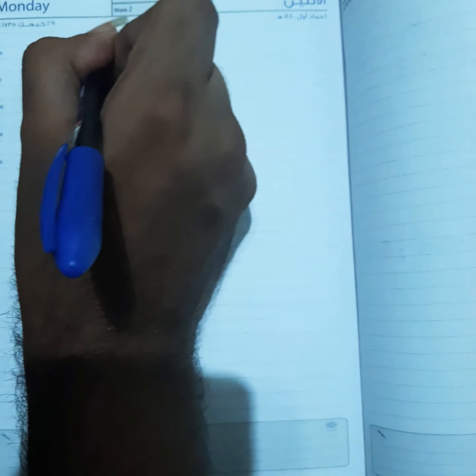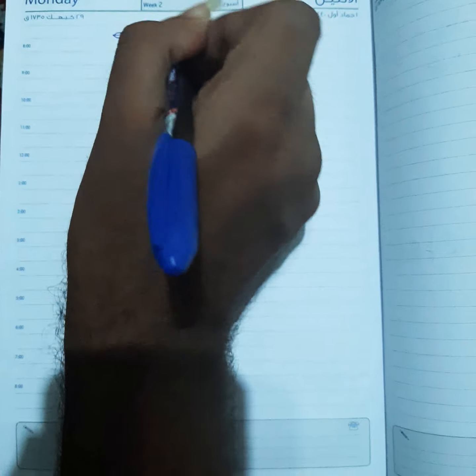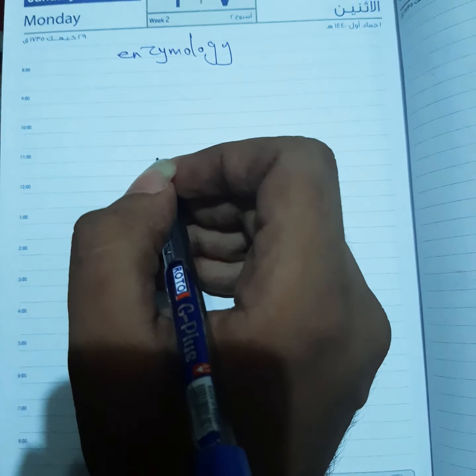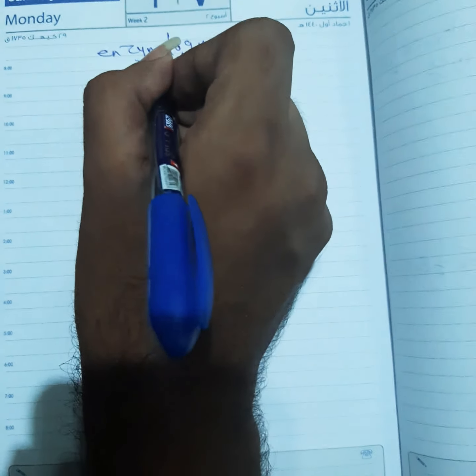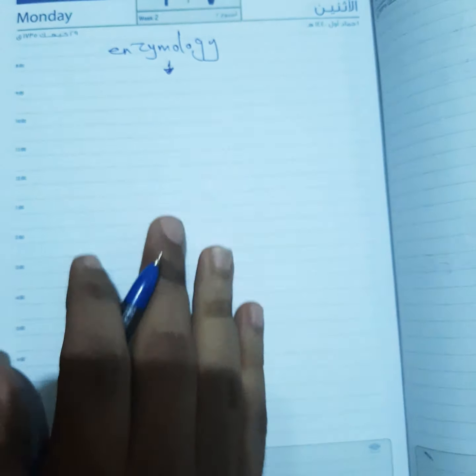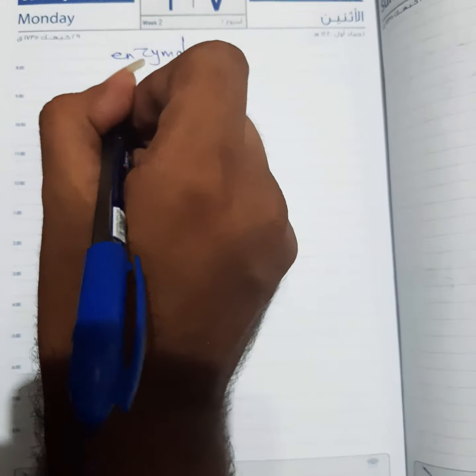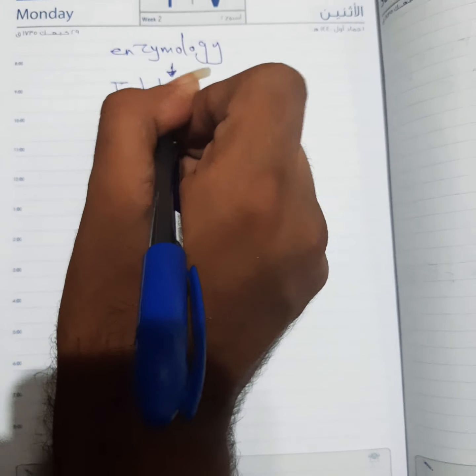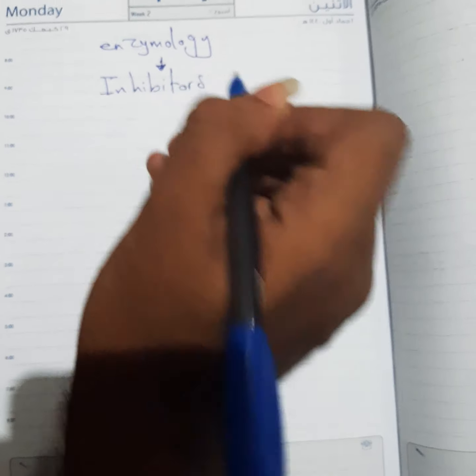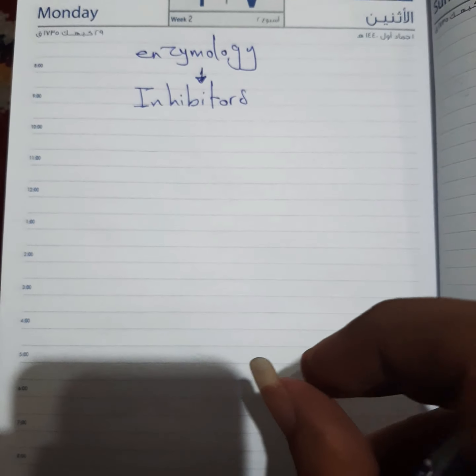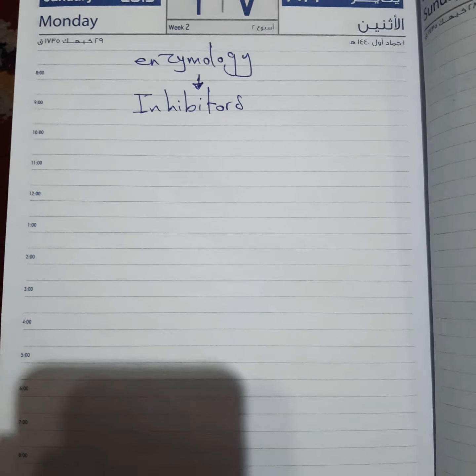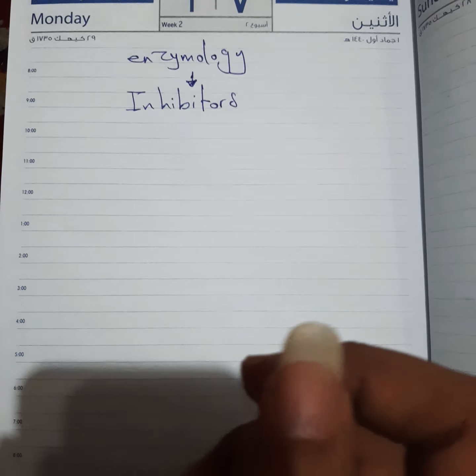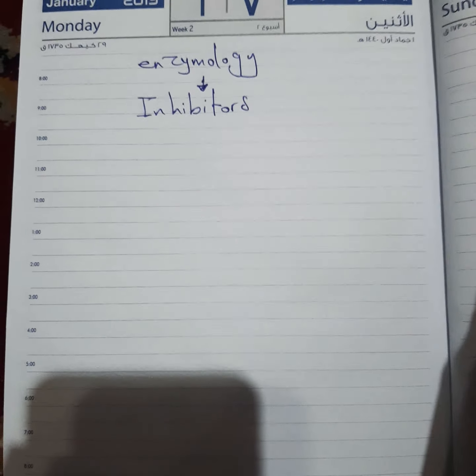In enzymology, there is a definition that we have to know, called inhibitors. And to understand how inhibitors work properly, we have to give an example.